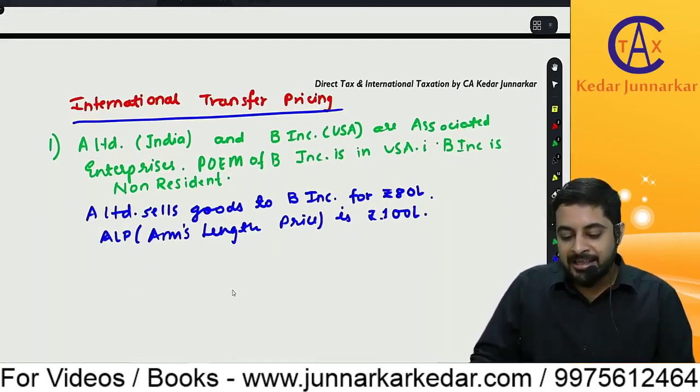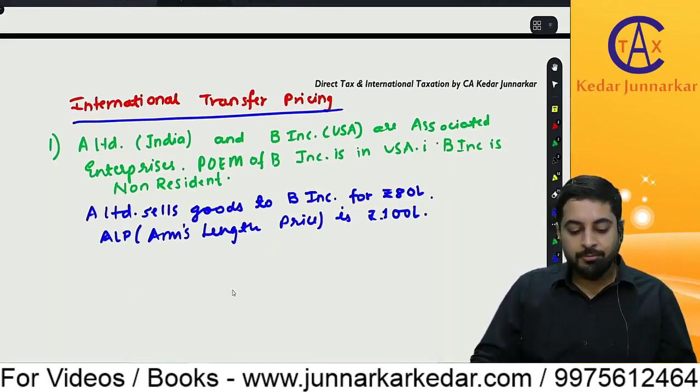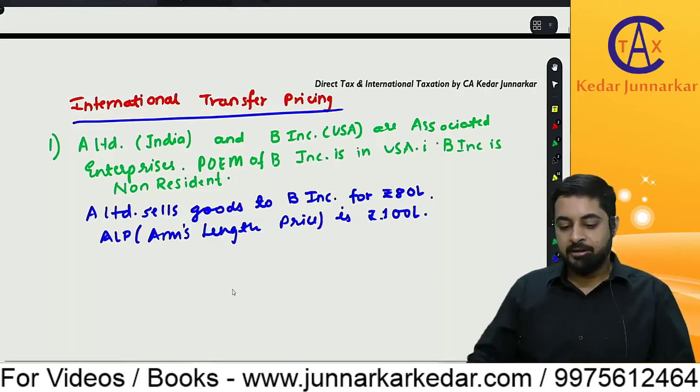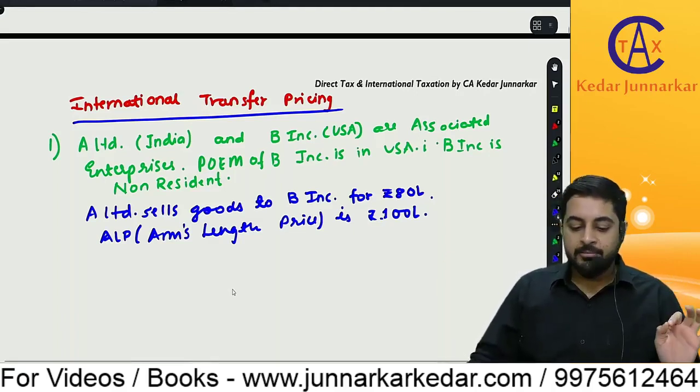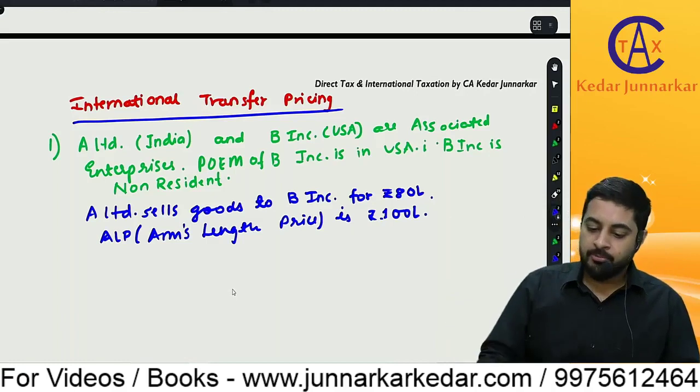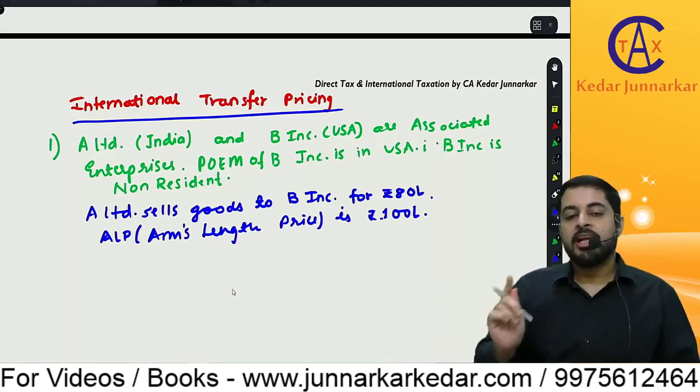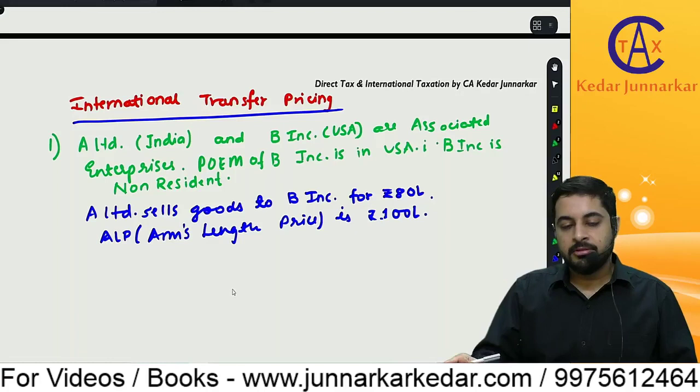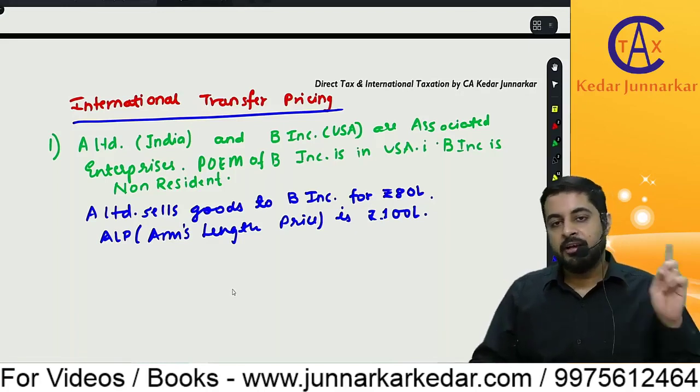So here sale, now you have to think from whose point of view? From the point of view of A Limited. A Limited, Indian company. It has sold goods. So goods sold, in the books how much is the income shown? 80 lakhs. 80 lakhs is credited.